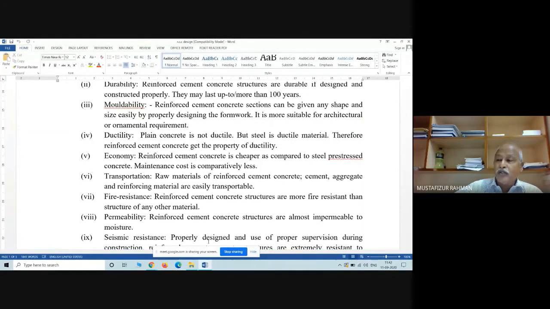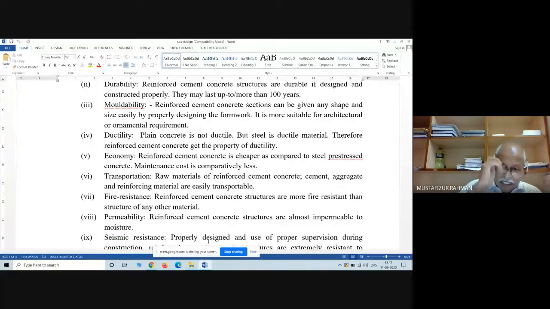We want to construct a building, and in the building there will be beam, column, slab, etc. If you construct these at a factory and then transport them to the work site, it will be very difficult. But in the case of RCC, the advantage is that we can transport the individual raw materials to the work site. That's why it is an advantage with respect to transportability.